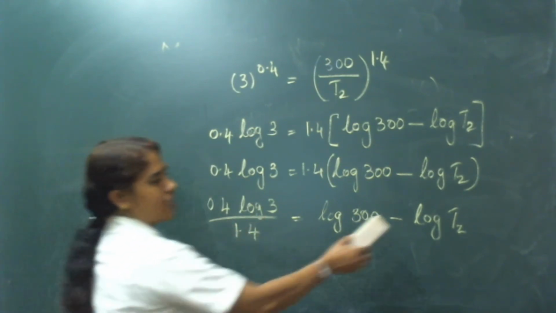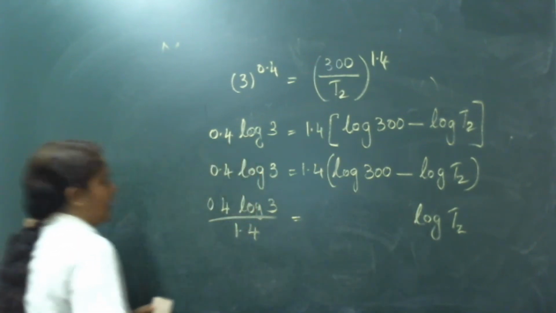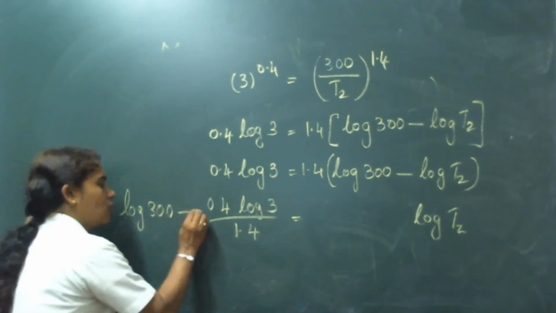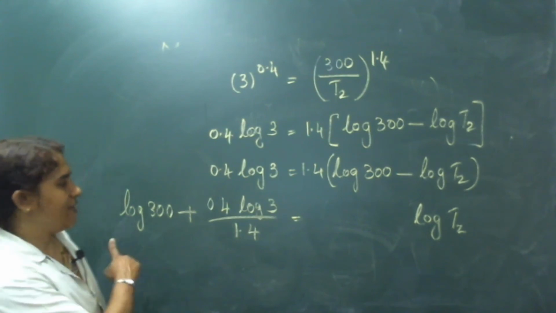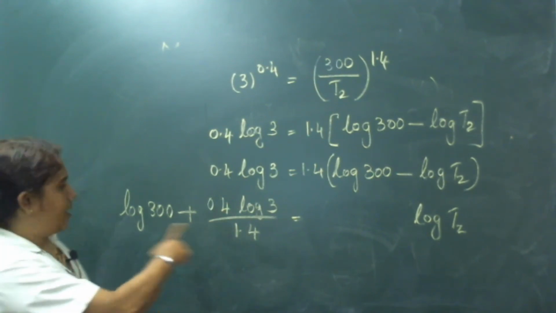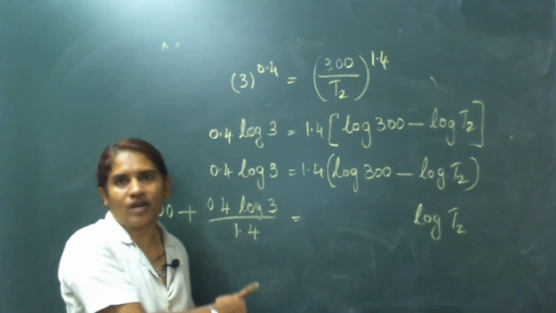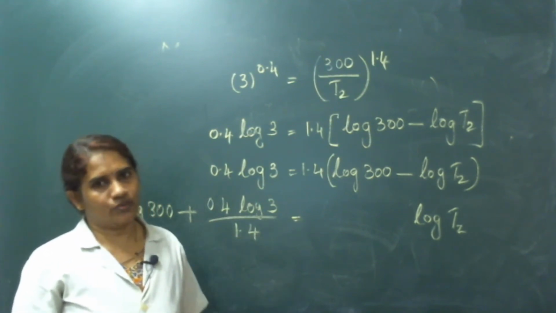After that, we need log T2. So, if we take log T2 to one side and log 300 to the other side, it will be log 300 plus this. Okay? Then we get log T2 equal to log 300 plus 0.4 into log 3 by 1.4. After calculating, we get log T2.